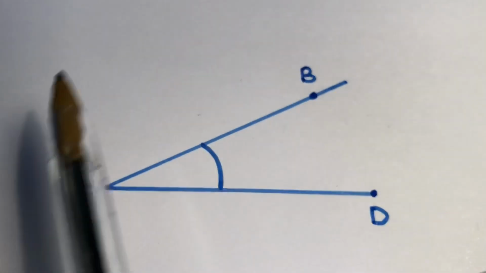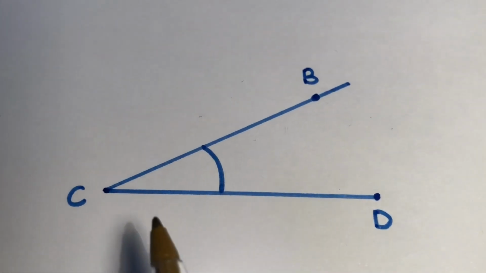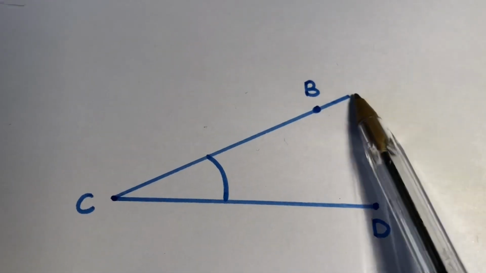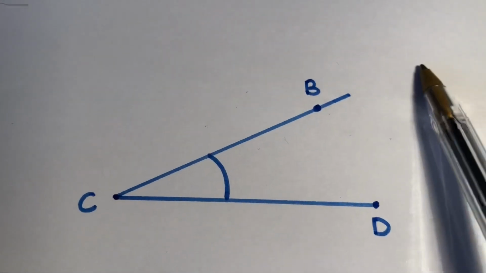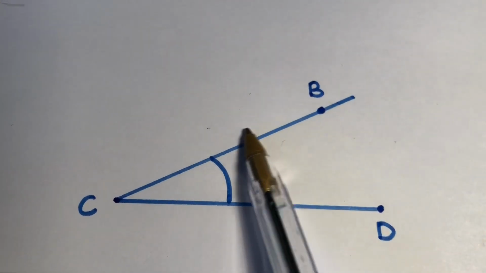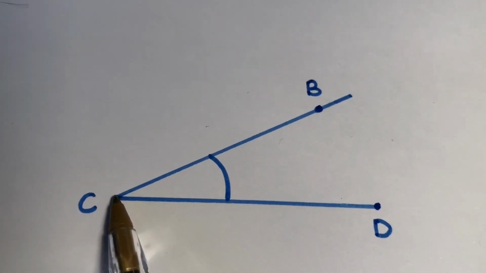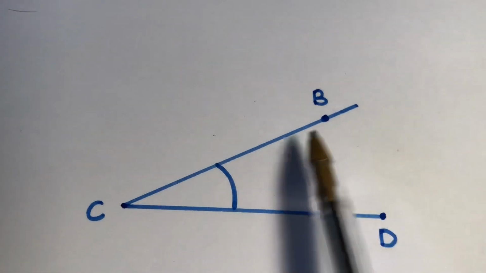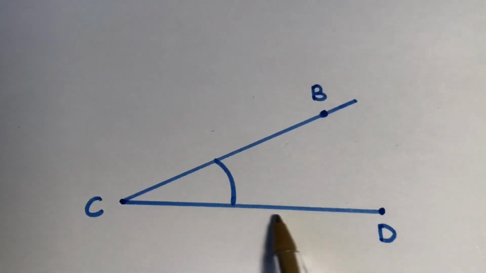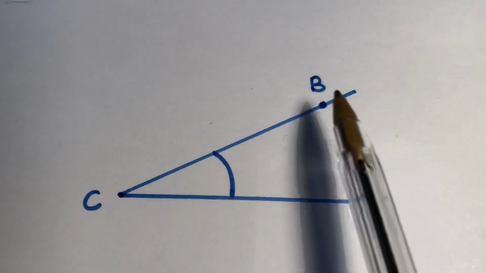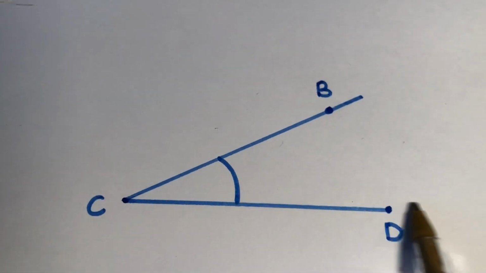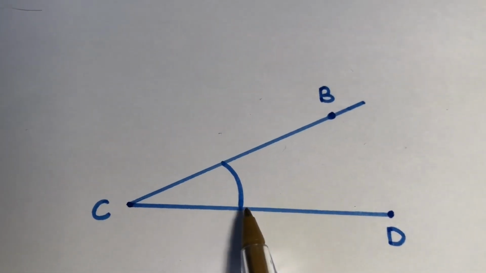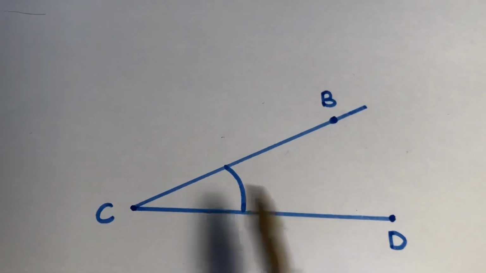Now we can label this angle then from the path that it takes. If I was to start at one end of an arm, so let's take the ray, and I'm going to travel through the point B to C, C being the middle letter, always at the vertex, so the middle letter is the vertex, and then it travels down to D. So it goes the path B to C to D, and that helps us know that we want this angle measurement in between those 2 arms, the line segment and that ray.